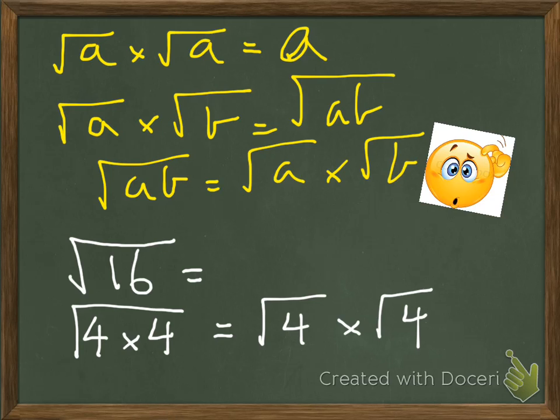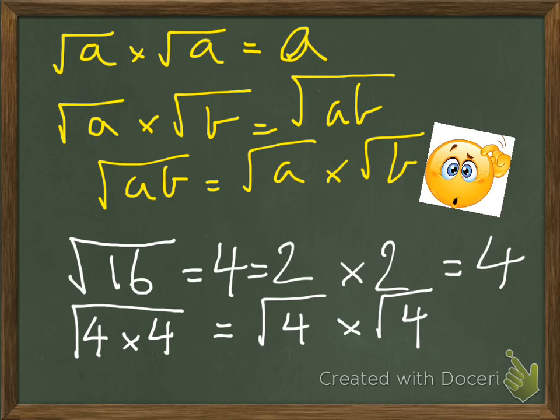Now we already know that square root of 4 is 2, and 2 times 2 equals 4, and in fact we already know that the square root of 16 equals 4, so it works. So I'm just going to pick a crazy example here of, I don't know, square root of 100.